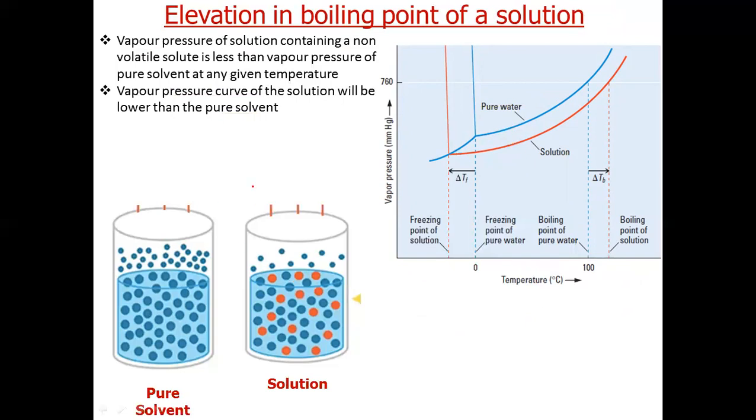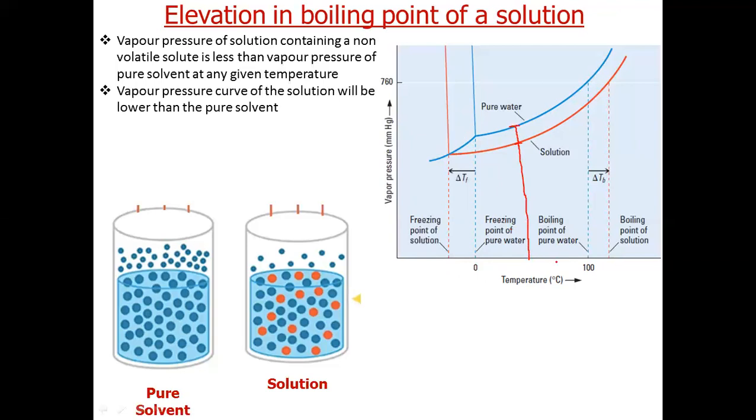Now we all know that if we add a non-volatile solute, then its vapor pressure decreases. So the vapor pressure curve of a solvent in solution will be lower than the vapor pressure curve of pure water, and at all temperatures vapor pressure of solvent in solution will be less than the vapor pressure of pure solvent.